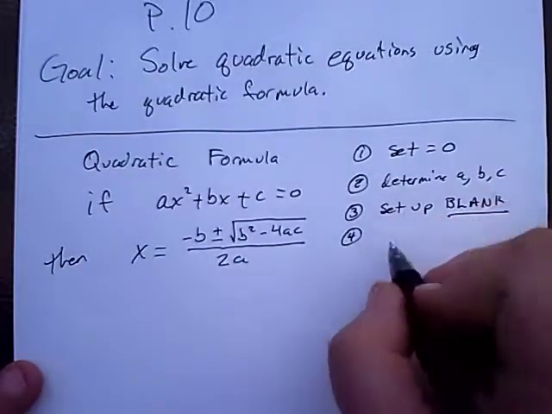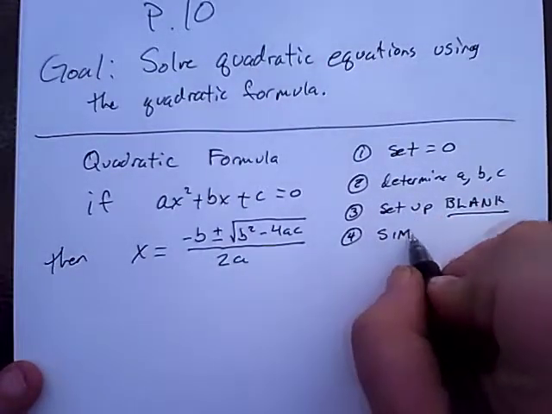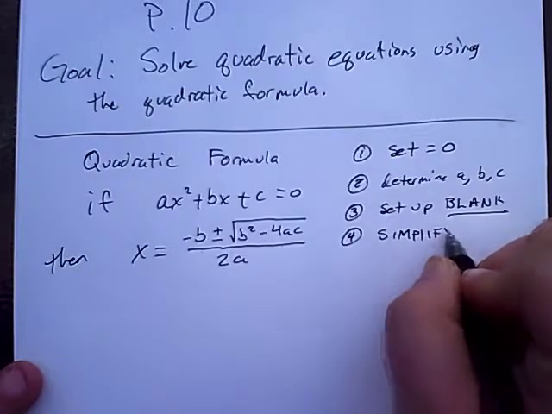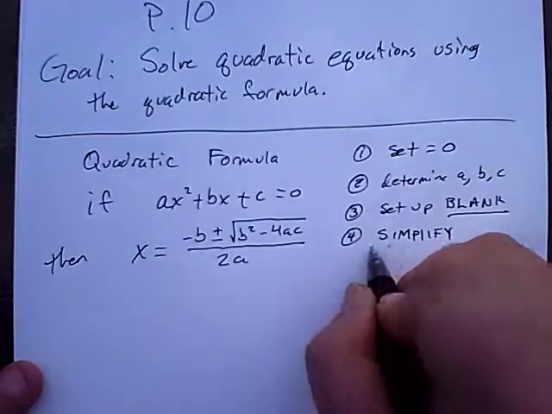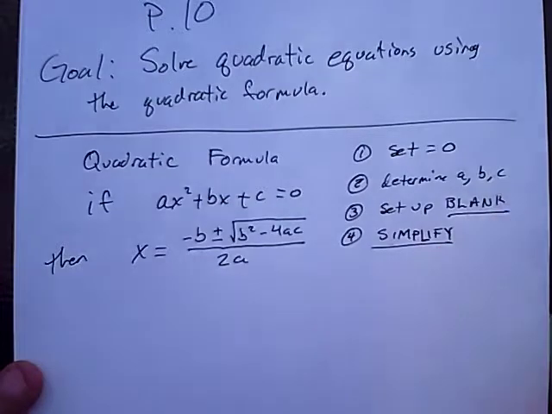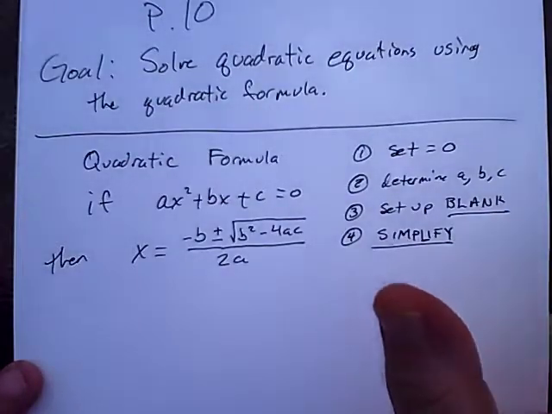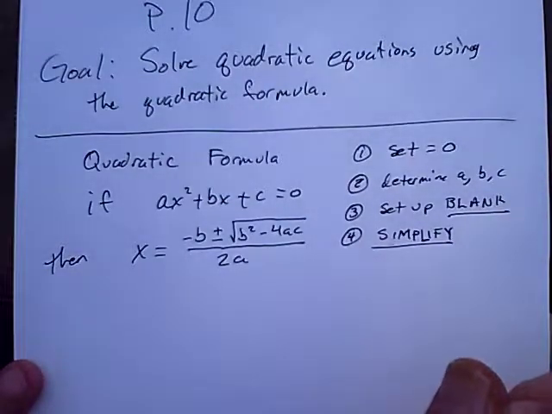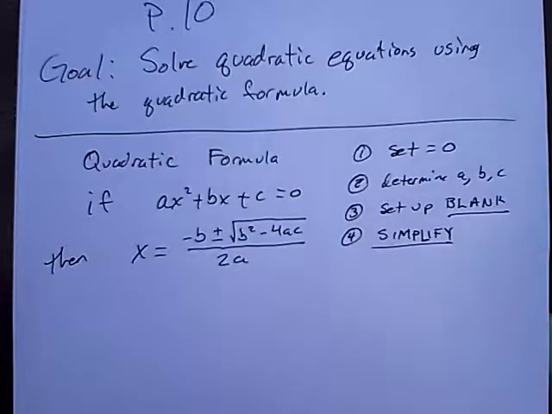And then 4, I want to simplify. And when we simplify, we're just going to do one step at a time, and it's only going to take us four steps at most, and they're all going to be fairly easy.